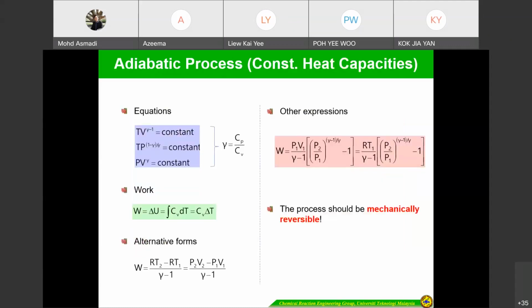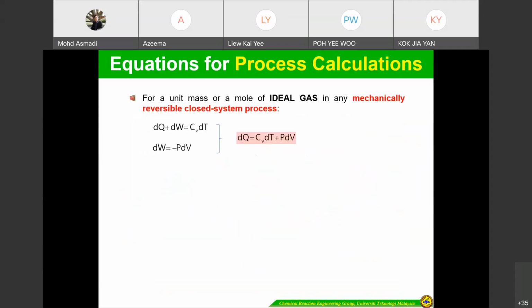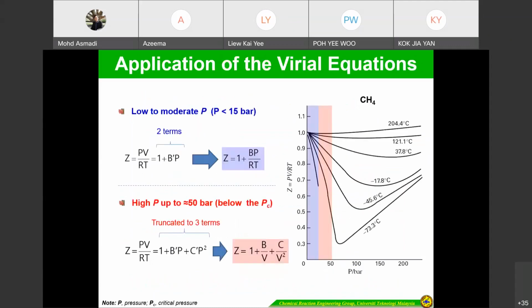For the truncated virial equation of 3 terms, this one you have to use. Why do we use this truncated virial equation?